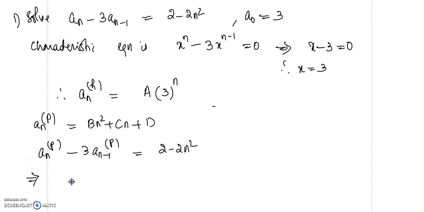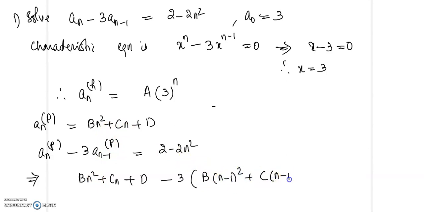So we will get bn squared plus cn plus d minus 3 times a_(n-1)^(p). When we need a_(n-1)^(p), replace n by n minus 1. So we get b(n minus 1) whole squared plus c(n minus 1) plus d, equal to 2 minus 2n squared.